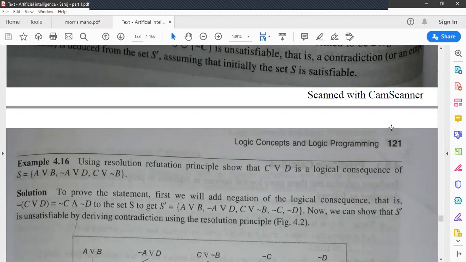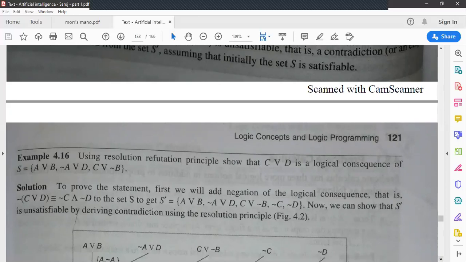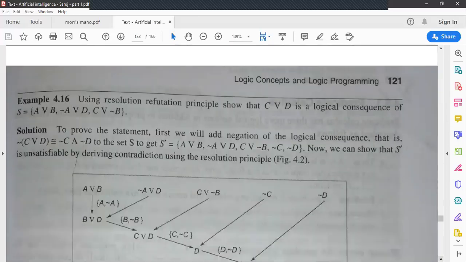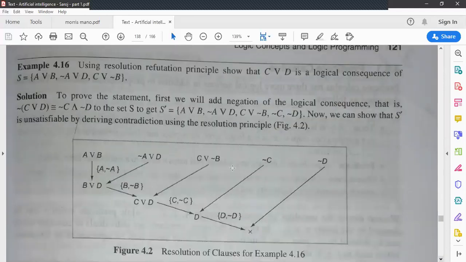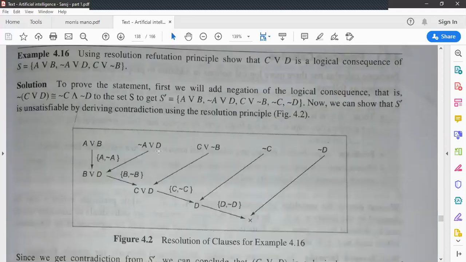In that example, C or D was not given. You need to derive it. Whereas in this, C or D is given, and you need to prove that in fact C or D is a resolvent of this. So how can we prove?